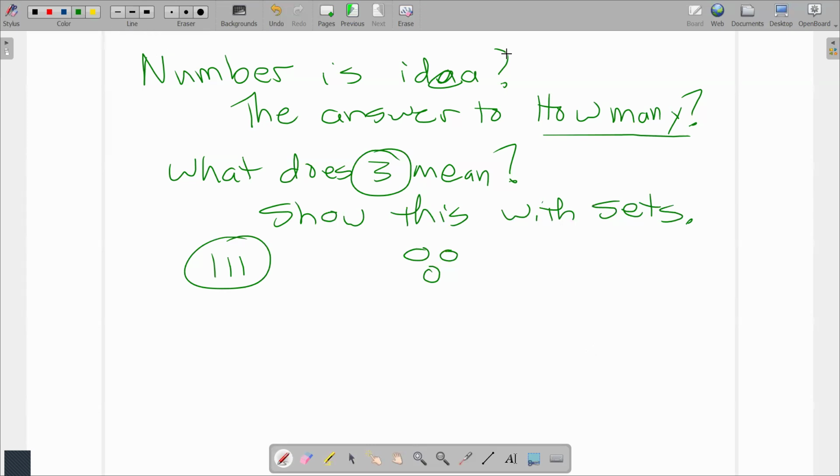All right. So number is an idea. That's huge. The way we articulate that idea differs all over the world, but we can all eventually agree that whether we call it tres or trois or 3, it's this many. Then, aside from number, we have the symbols we use to communicate them. Those are called numerals.